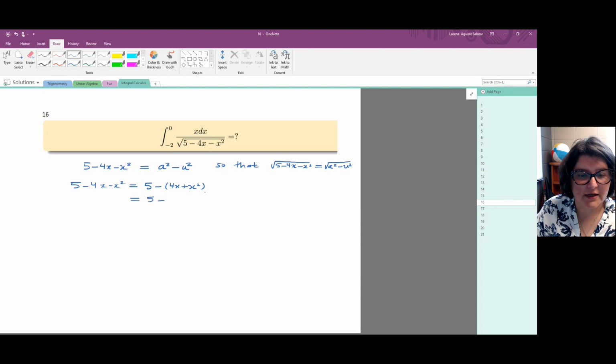And 4x plus x squared is the first terms that come from expanding x plus 2 squared. We have the square of the first one plus twice x times 2, that's 4x. But we don't have that third term that comes from expanding x plus 2 squared, so we subtract it.